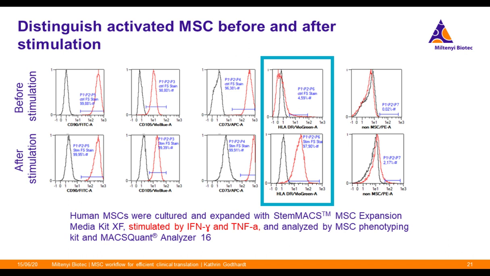The stimulation can be done by interferon gamma or TNF-alpha to have a look at the MSC function in more detail, but sometimes it's also the case when, for example, in FCS-containing media, a high amount of interferon gamma is present, then sometimes the HLA-DR signal is quite high.